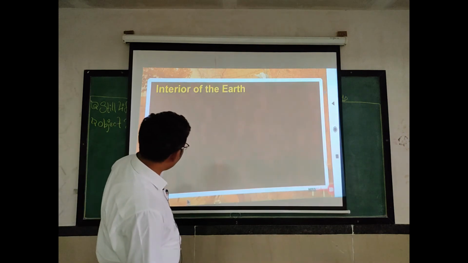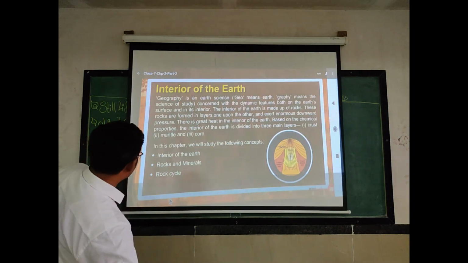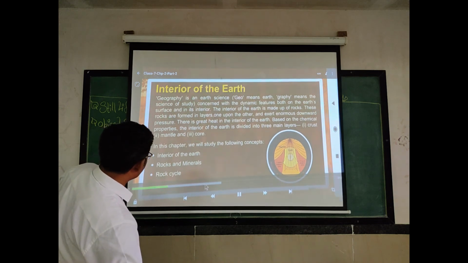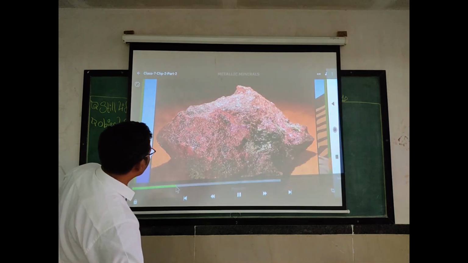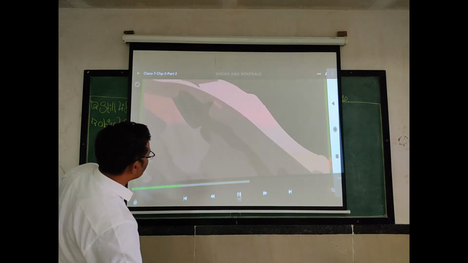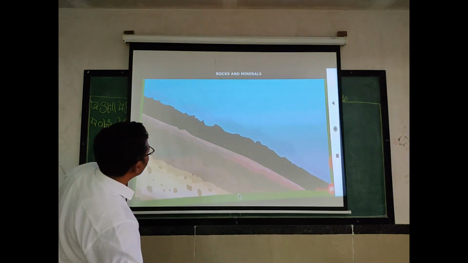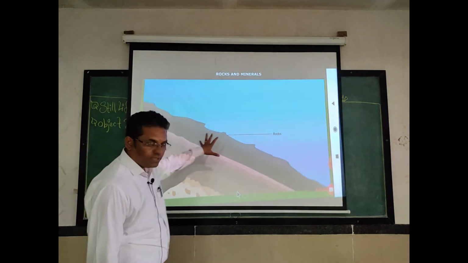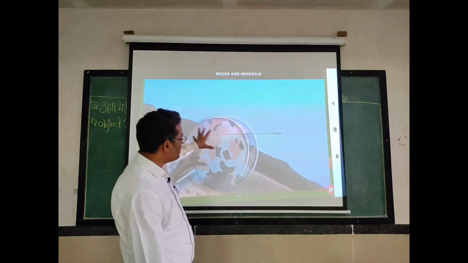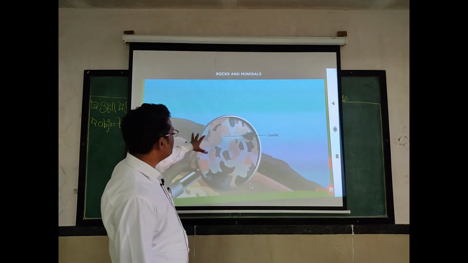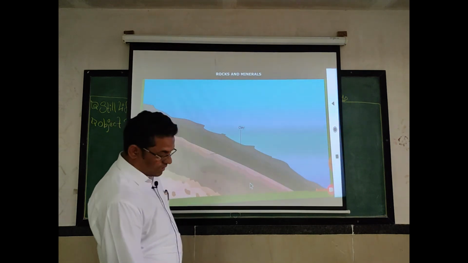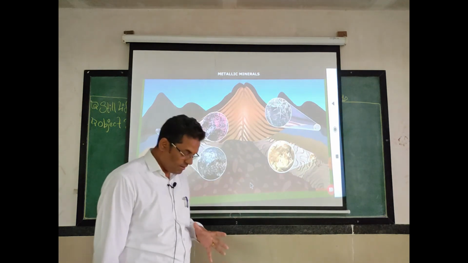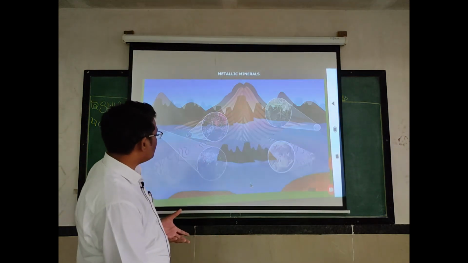We come to know how, with the help of lava that travels from the earth crust, we come to know that there are rocks. Now rocks are of three types: igneous, sedimentary, and metamorphic. Now what kind of rocks are these?